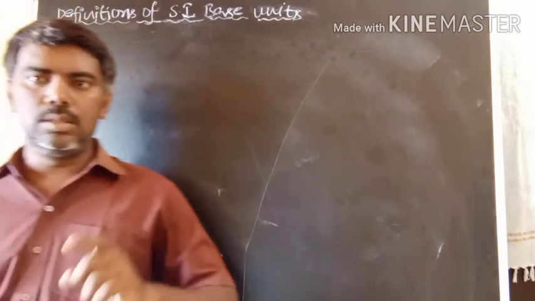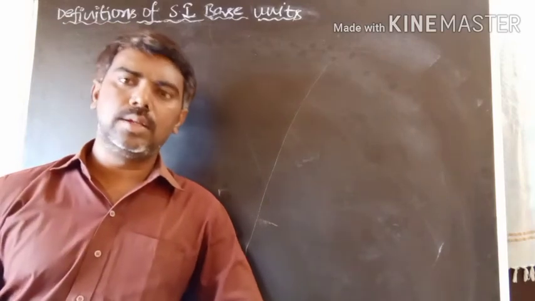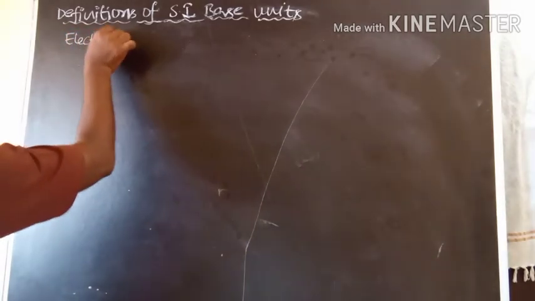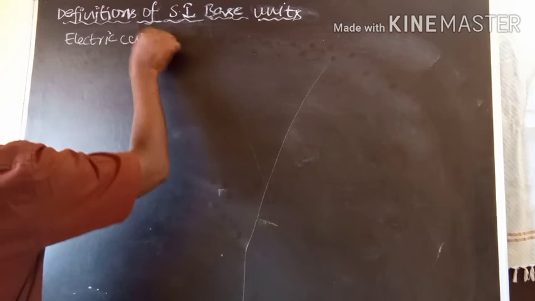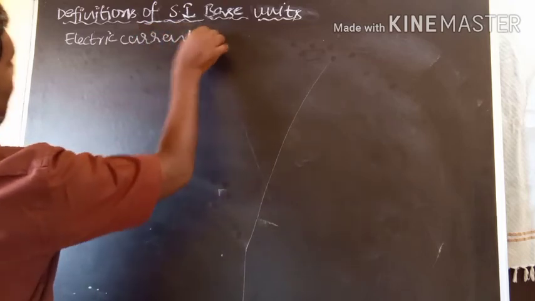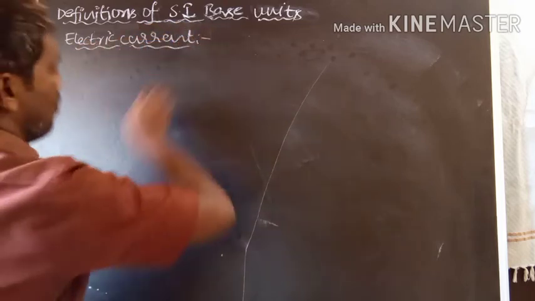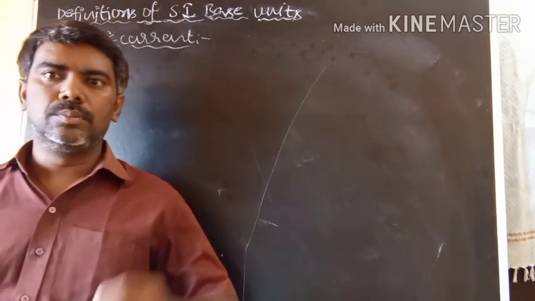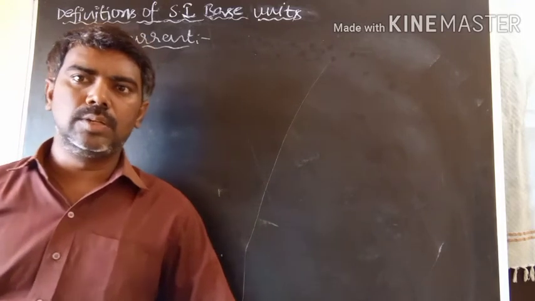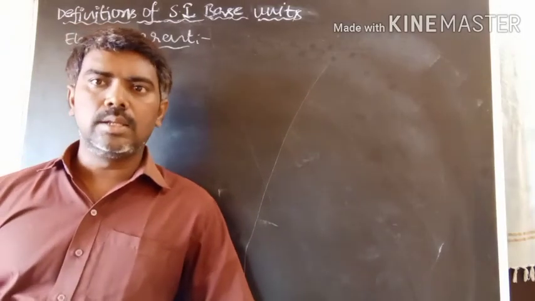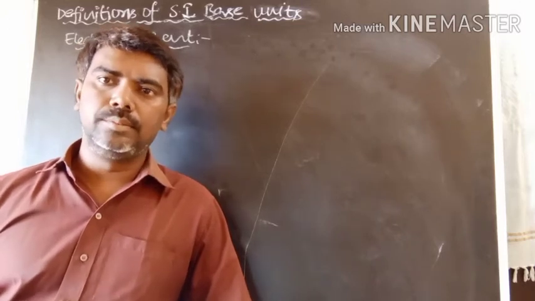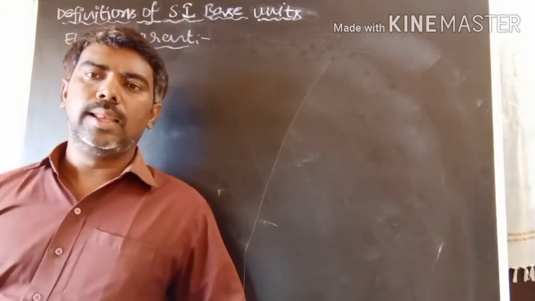Now, of these three, the first one is electric current. What is the symbol of electric current? Electric current is represented by the symbol capital I. And what is the SI unit of electric current?